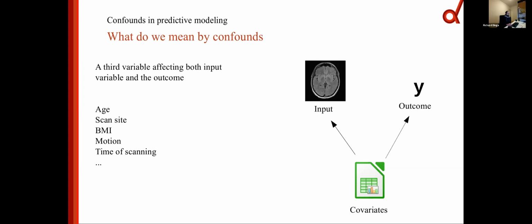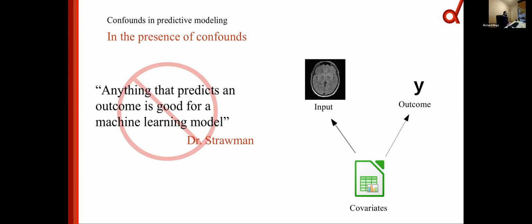For imaging data, usually what we deal with is age, scan site, BMI, motion, things like that, which are often very related to clinical outcomes or some other biological outcomes of interest. As I mentioned previously, some people might say that for machine learning, we don't care about confounds at all because we just want to make good predictions.